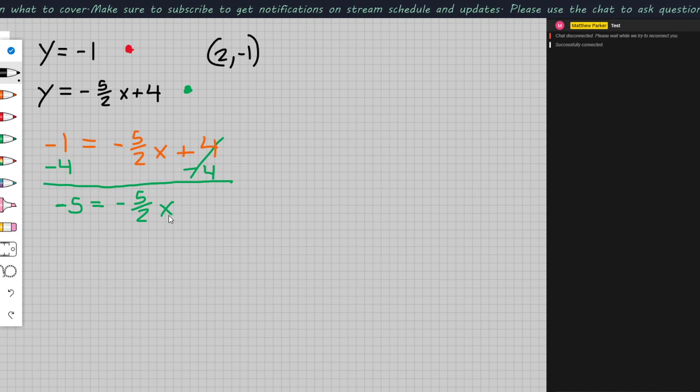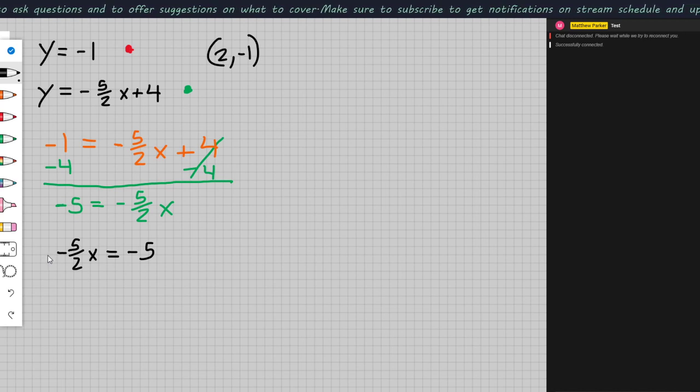So now I'm going to do the inverse. I know this is a little bit more difficult to see, so I'm actually going to rewrite this real quick. So this is -5 halves x equals -5. So you can see when I'm multiplying by the reciprocal. There's two ways you can do this. You can multiply by 2, then divide by 5, or divide by 5 and multiply by 2 if you want to break this fraction up. But if you're multiplying by a fraction and you were to divide by a fraction, you're just multiplying by the reciprocal.